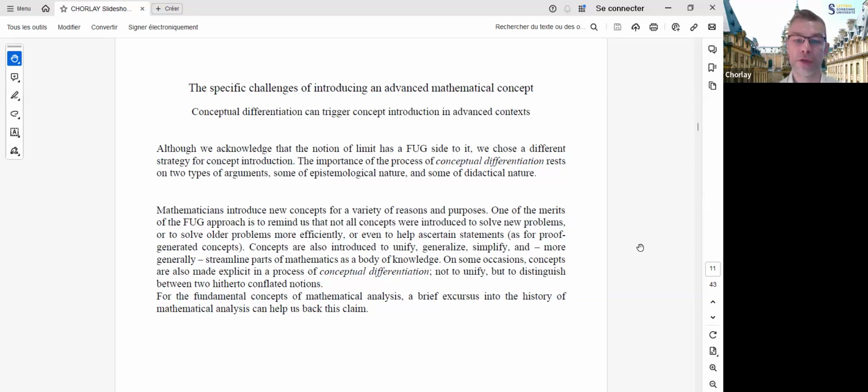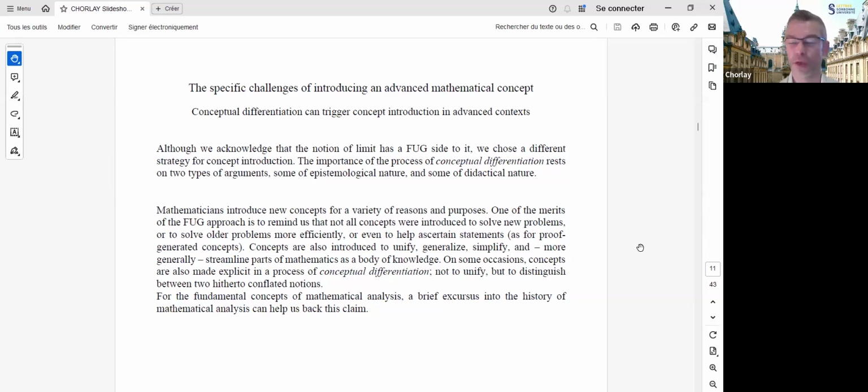So concepts are also introduced to unify, generalize, simplify, and more generally, streamline parts of mathematics as a body of knowledge. On some occasions, concepts are also made explicit in a process of conceptual differentiation, not to unify, but to distinguish between two hitherto conflated notions.